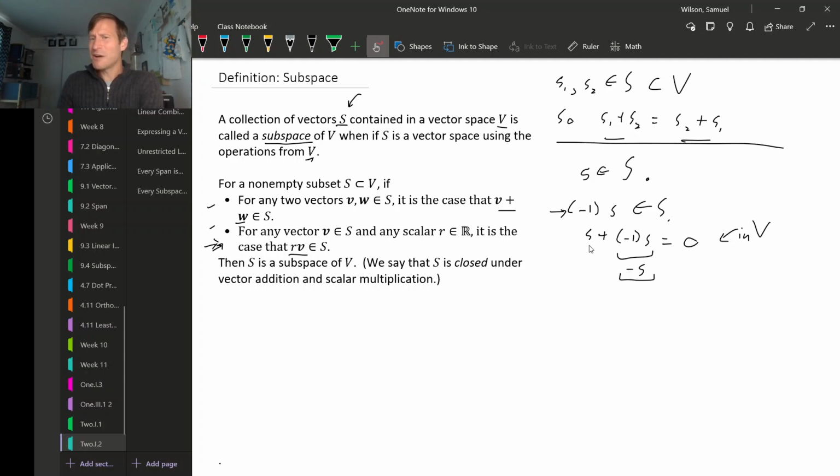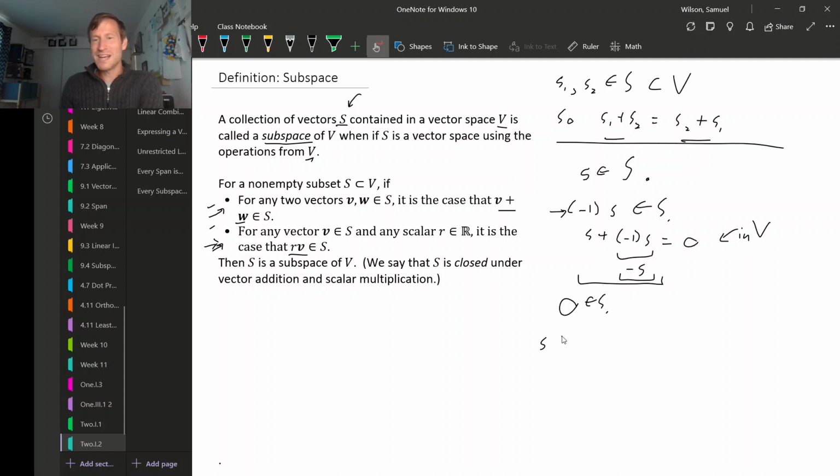But then now s and minus s are both in S, and so their sum also has to be in S. That's closure, the assumption that we made about closure under vector addition. And so that means 0 has to be in S. So 0 is in S.